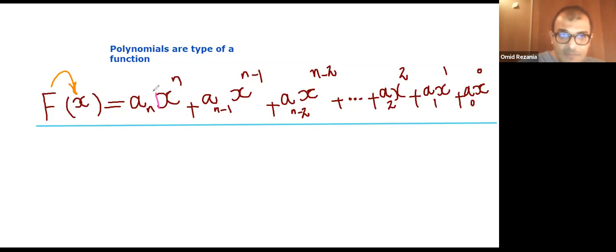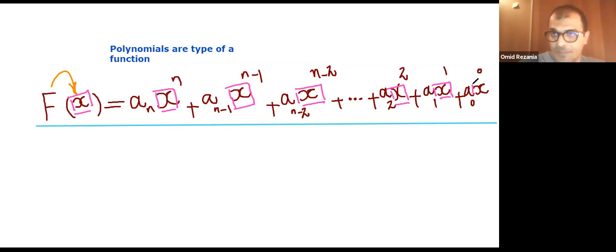The variable which you have here is x, the same x which I had there. Still I have x, still I have x. I do not have z here, or let's say w. All of them are uniformly represented by x.